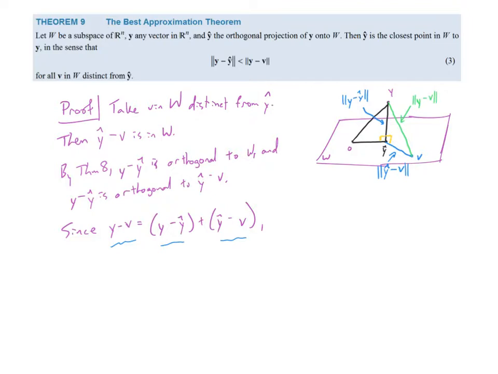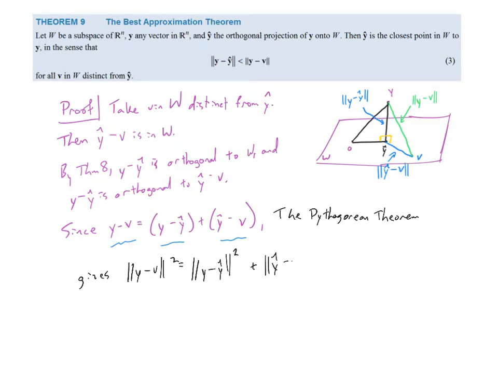All right, now the next line of the proof, since that equality is true, the Pythagorean theorem, something you've seen since like 7th grade, is now coming up in a linear algebra proof, gives this relationship. The length of y minus v, squared, is equal to the length of y minus y hat, squared, plus the length of y hat minus v, squared.